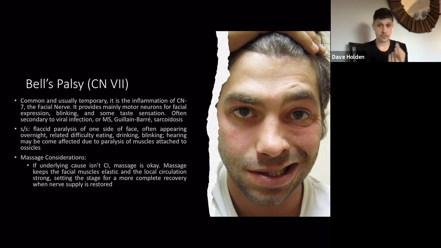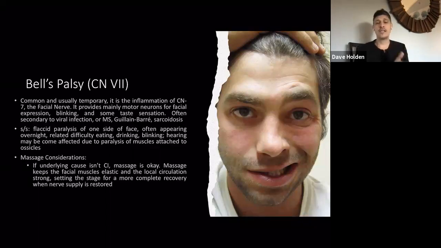If you have multiple sclerosis and it starts affecting this nerve, you could develop Bell's palsy. You could also have Guillain-Barré syndrome, or it could be another side effect of sarcoidosis. So, Dr. House, no wonder this name pops up everywhere. No wonder he mentioned it all the time.